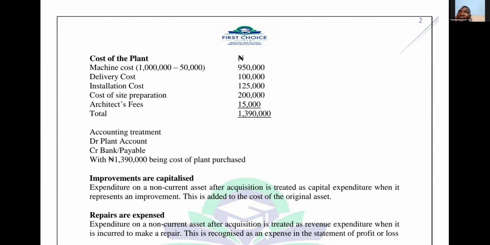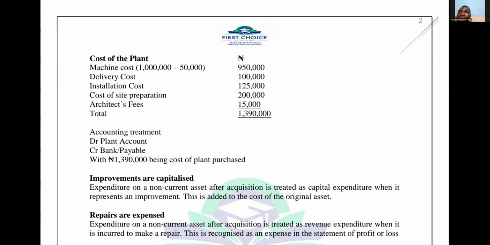A liability is defined as a present obligation as a result of a past event, in which the settlement will lead to an outflow of economic resources from the entity. It means that this amount, now that we have received the plant but have not paid for it, is a present obligation.